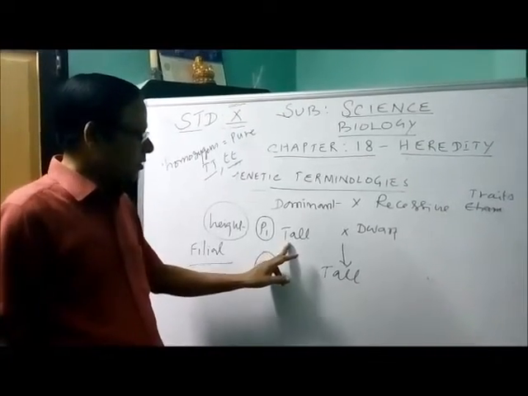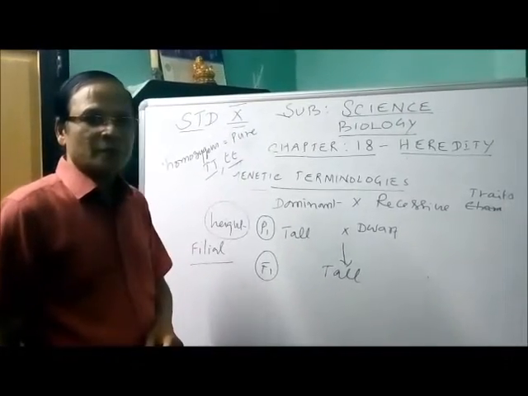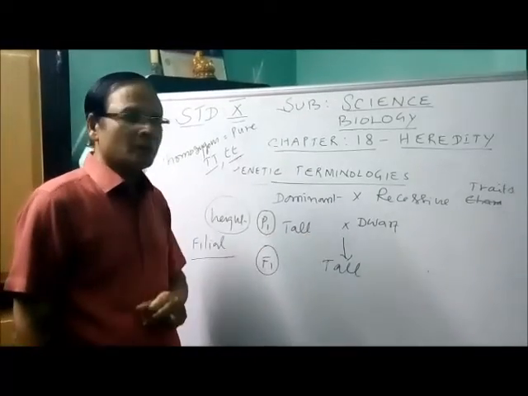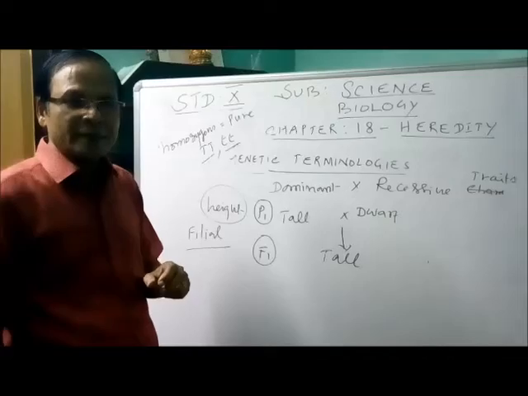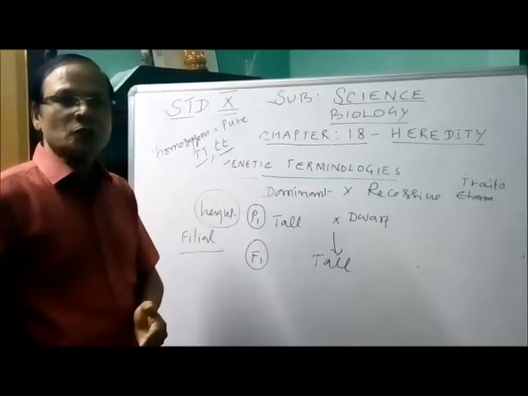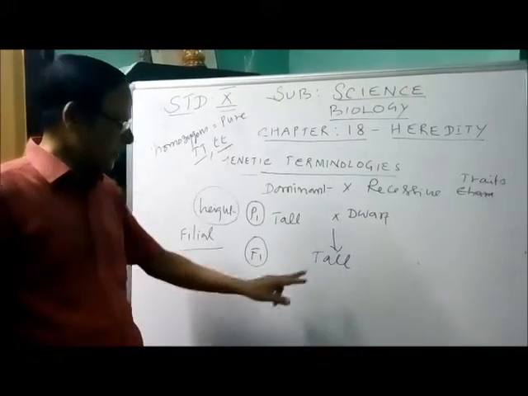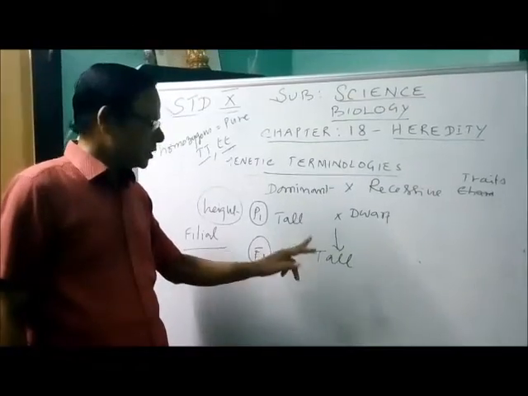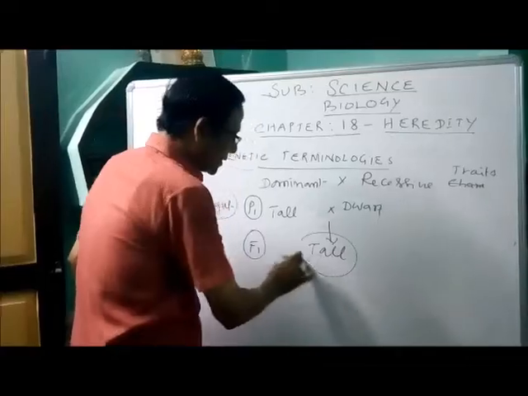So here when tall is crossed with a dwarf, we are getting the tall plant, developed from the seeds of the pure parental cross. As tall appeared, that character which expresses itself in the F1 generation is called the dominant character. Here tall is the dominant character.